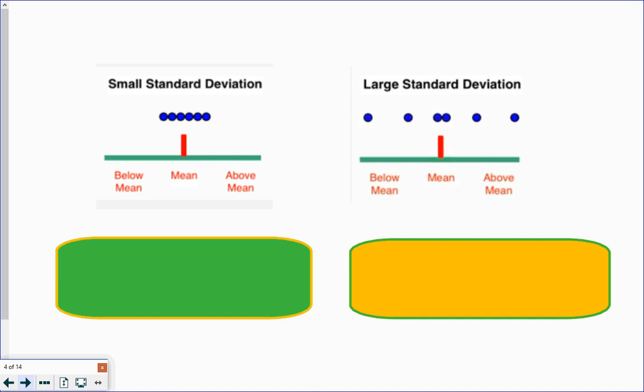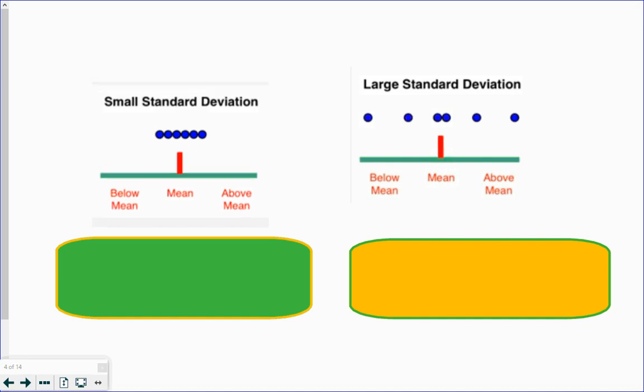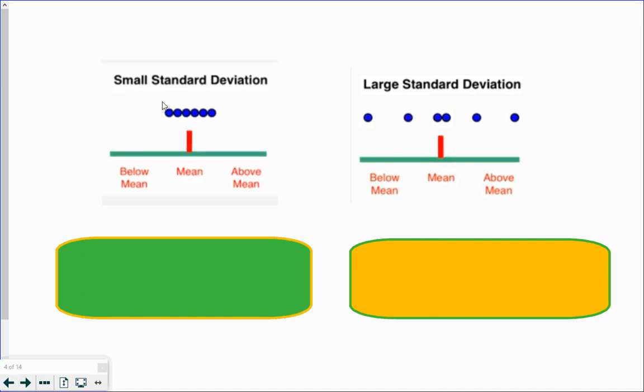Okay, so if each of these blue dots represents a data value, so the mean, remember, is the class average. So all of these data values right here, they're all quite closely clustered around the average. So this would be considered to have a small standard deviation. Whereas here, see how much more spread out your data values are.